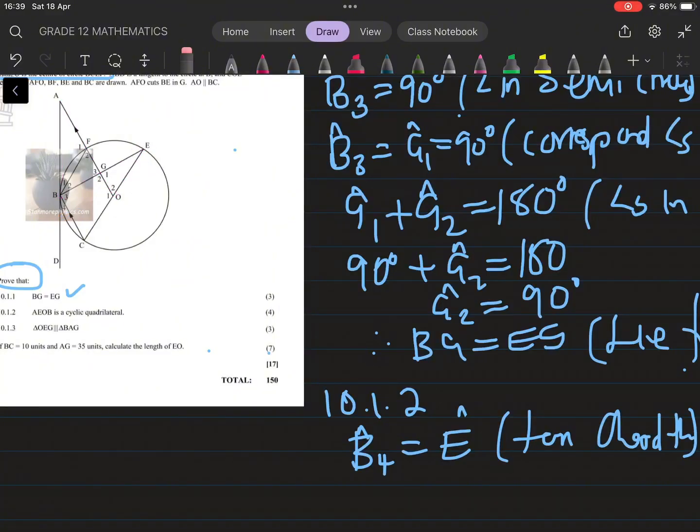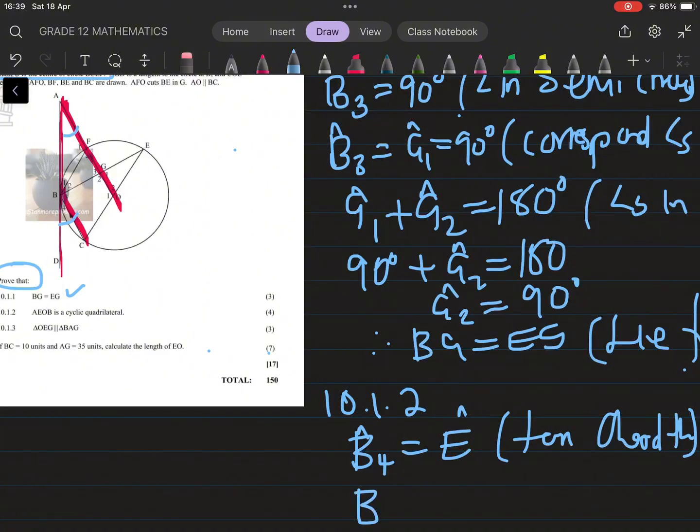Let's outline the parallel lines. Here we have parallel line AO and we have parallel line BC. It forms corresponding angles. And you see that, then we're going to have B4 equal to A. Let's take note of that.